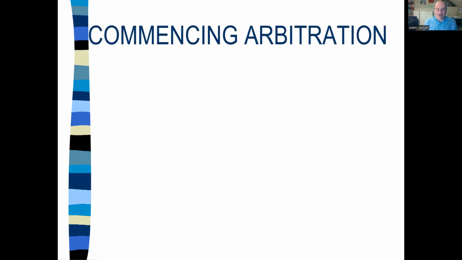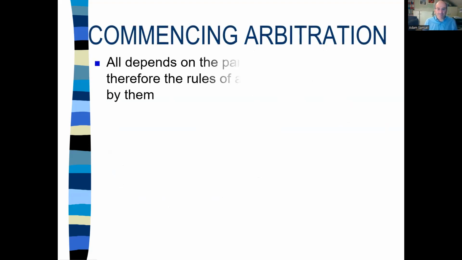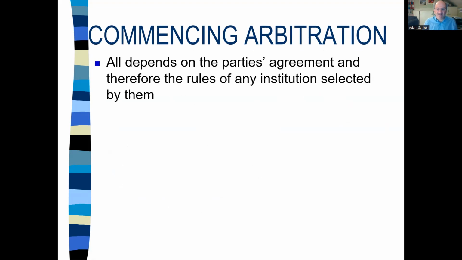The first job, though, is to commence arbitration. And that depends, according to most national laws, on the parties' agreement. And that leads you to the rules of any institution, or indeed ad hoc rules the parties may have selected. If you don't have such a choice, you are then forced back onto national law.